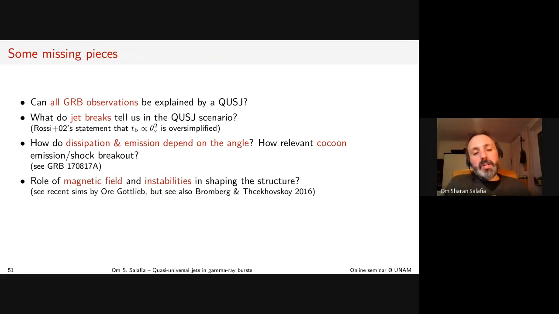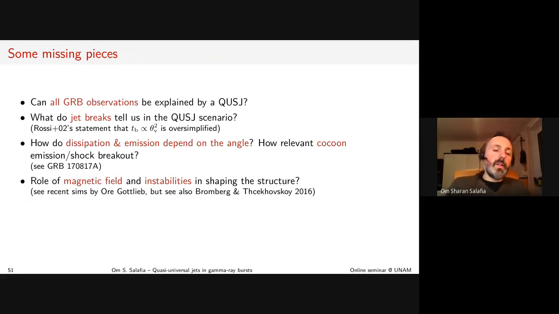There are actually indications of the contrary, and this is explained well in this paper by Bromberg and Tchekhovskoy. It was already understood before by Bromberg and collaborators that during the propagation of the jet you have the conditions for the global kink instability to take place, and this could dissipate most of the magnetic field of the jet during propagation.